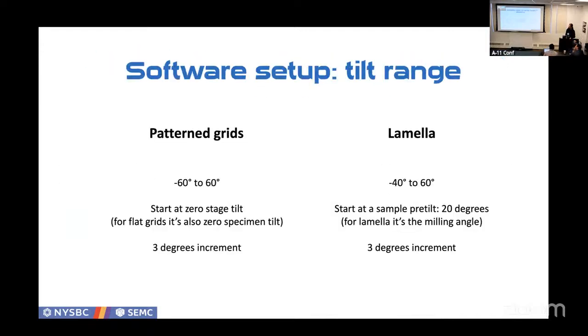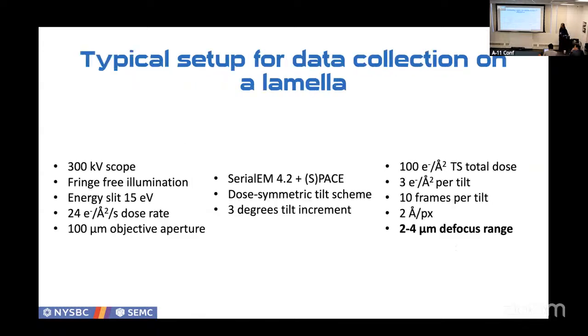You mentioned that your dose per frame is 0.3. What does that mean? To do motion correction, because you still have to do motion correction. The images we record are still movie stacks, and there will be some drift. To get reasonable motion correction, you need to have sufficient information.